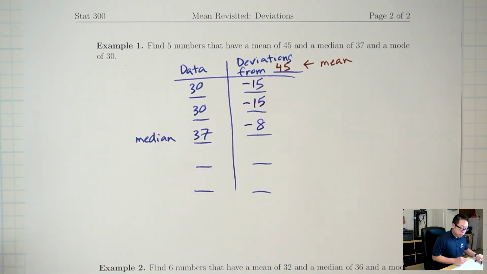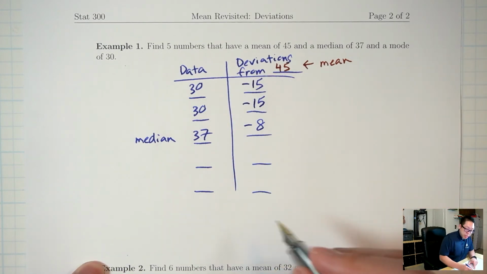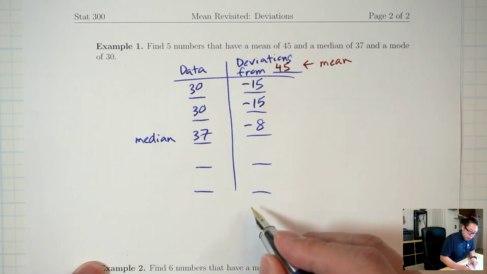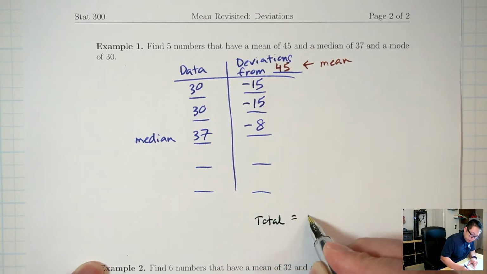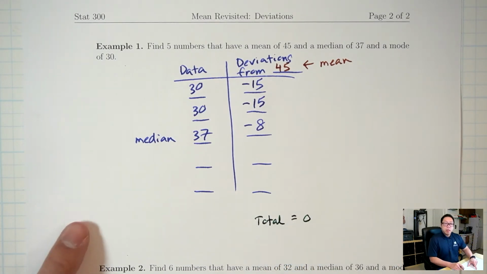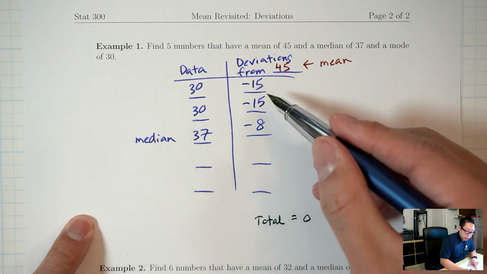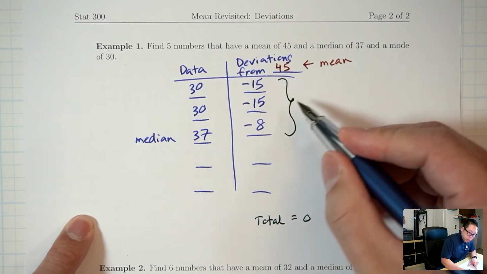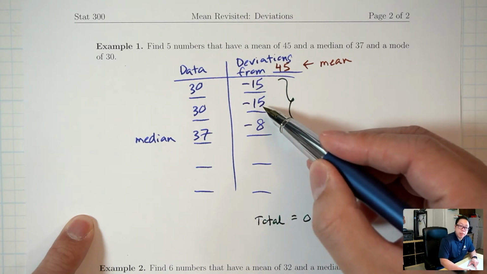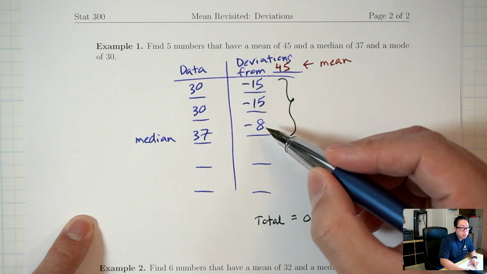Now, the deviations, remember, need to add up to 0. So what do I have so far? I have negative 15, negative 15, and negative 8, which is negative 38.